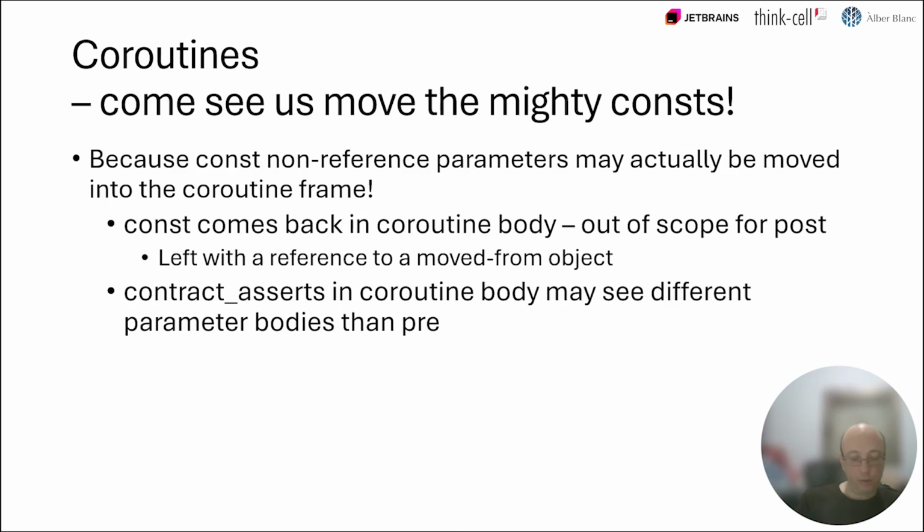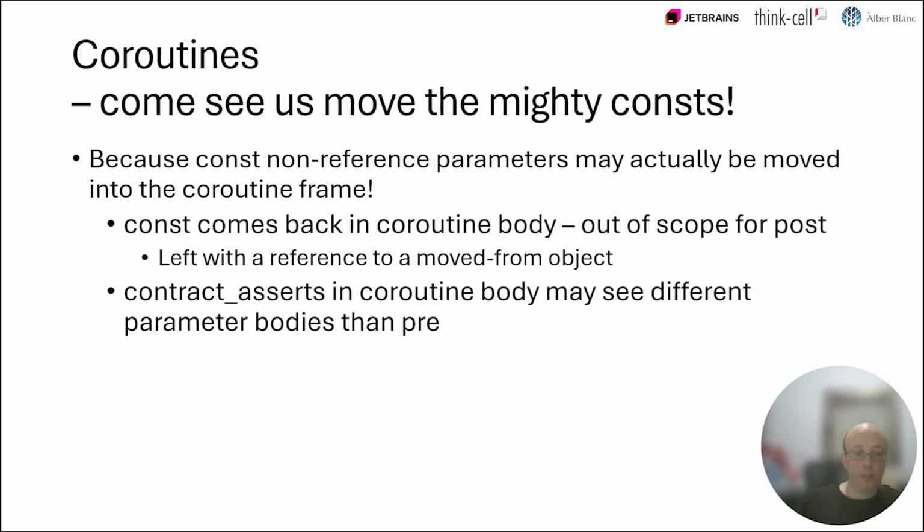Because of the way coroutines work, we have the coroutine frame, and any const non-reference, as in by-value, parameter must be moved into that coroutine frame after the initial call, disregarding the const. So in this case, the language disregards the const, it moves such parameters into the coroutine frame, and from that point on, the new copy is actually const.